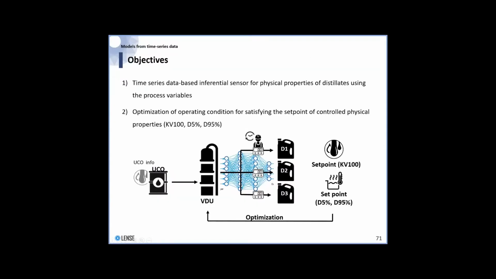So we have a time series data-based inferential sensor for physical properties of distillates using the process variables. That's what we wanted to do. And once we were successful at that, we would use these predicted property variables to optimize the processing condition so that it could be at the quality target that you wanted.